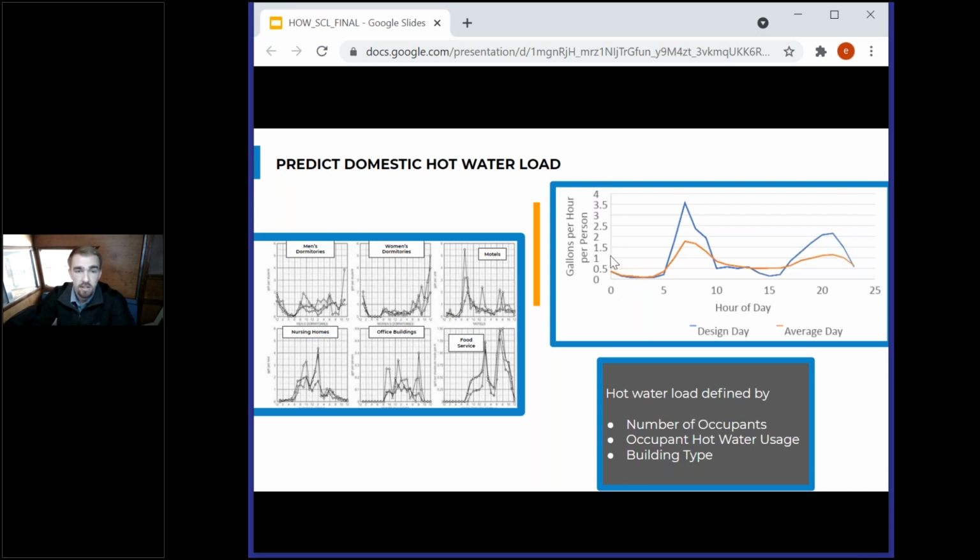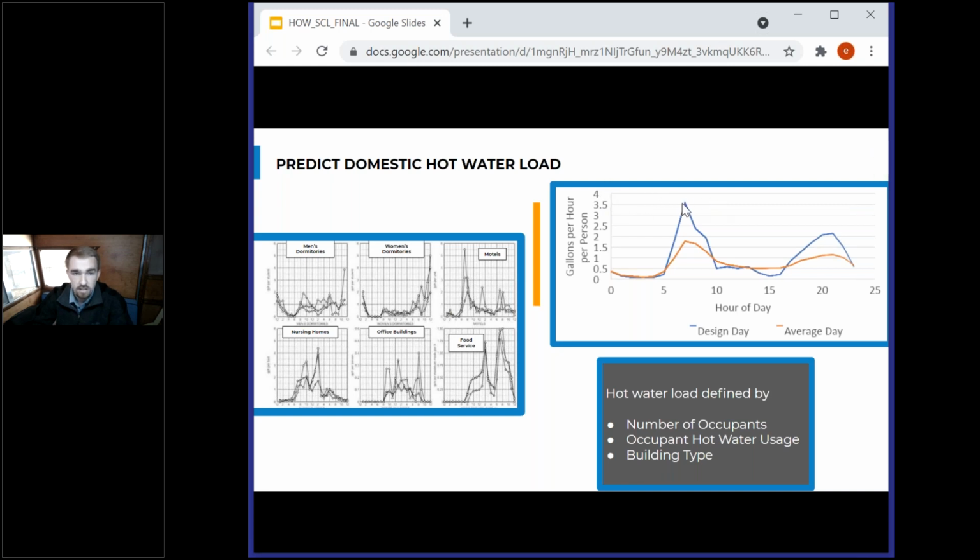Hour 0 here we can look at as midnight, and 24 is midnight the next night. From 1 to 4 or 5 in the morning, the building's hardly using any water. But after 5, everyone starts turning on their showers, cooking breakfast, so a lot more hot water is going to need to be used. You can see this peak here is almost 4 gallons per person per day.